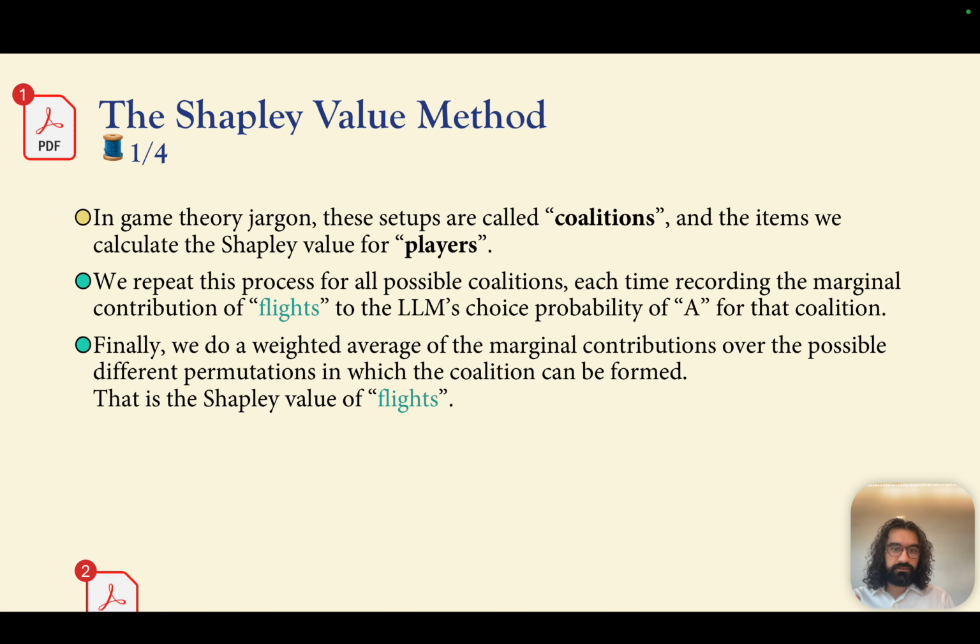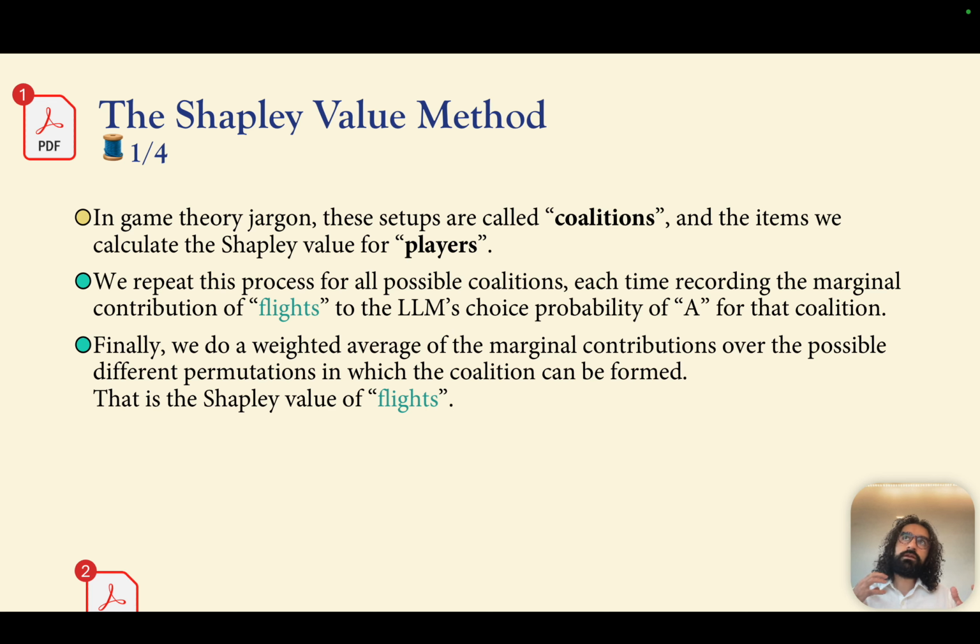In general, these setups we call coalitions, and this word flights that I just mentioned, these are called players. So in cooperative game theory jargon, we assume that all these tokens that we see in the prompt are players in a game, and they're all playing to get some overall output, which is the output of the model, the 84% versus 16%.